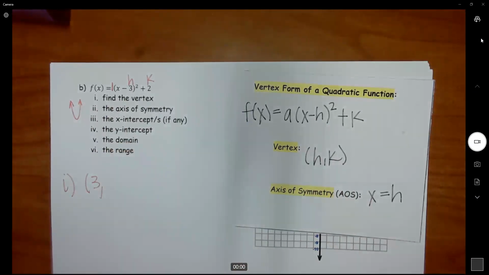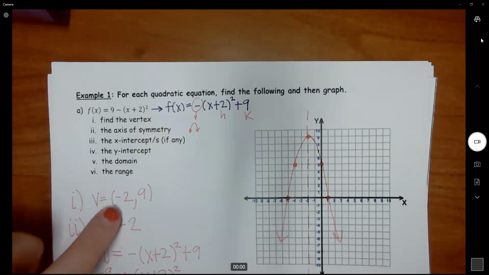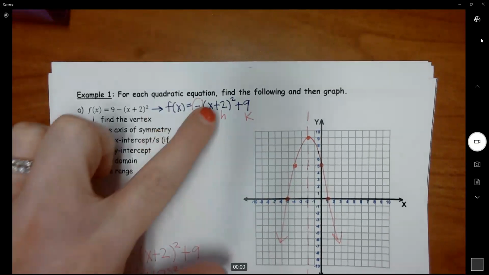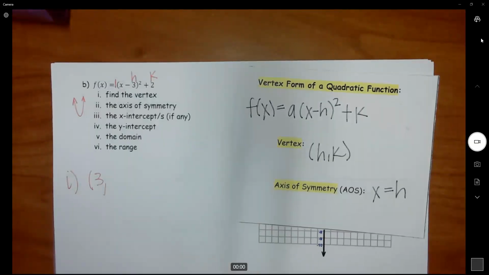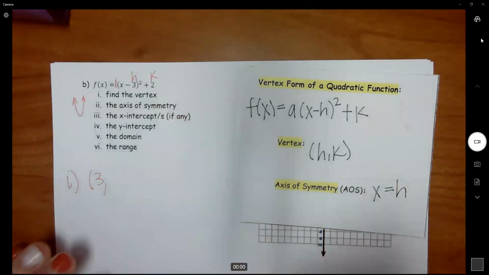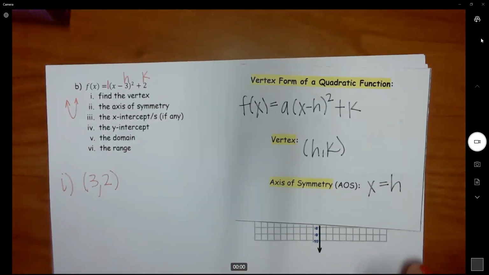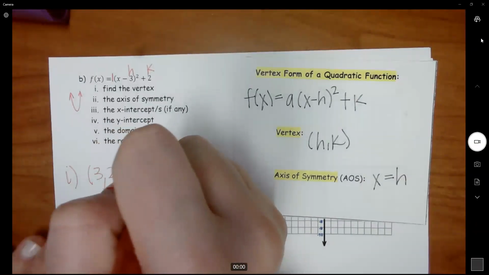You're always switching that sign. Just like on my first one, this was a plus 2, but my vertex is a negative. You switch what's inside those parentheses, and then your K keeps its sign. So this is 2. Okay, that's my vertex.